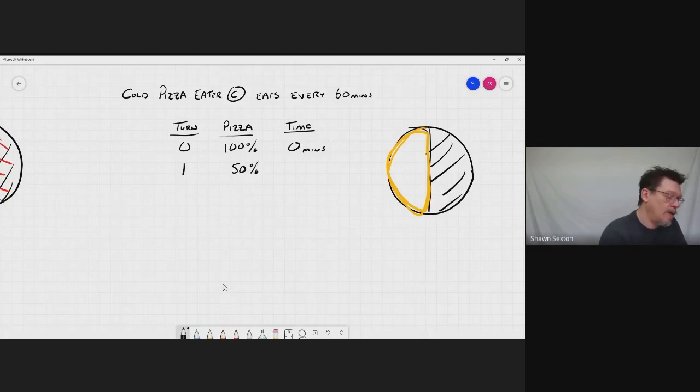And that, according to the rule for Pizza Eater C, is going to take 60 minutes. All right. So we've identified here that Pizza Eater C, we wanted 50% left. We've got 50% left. So Pizza Eater C got their pizza 60 minutes ago.